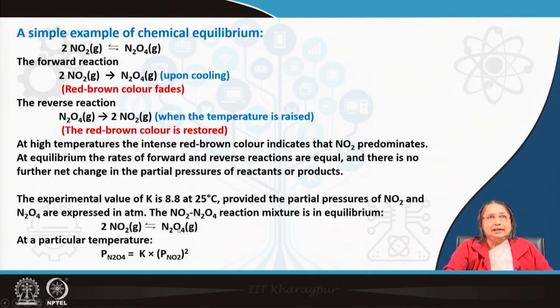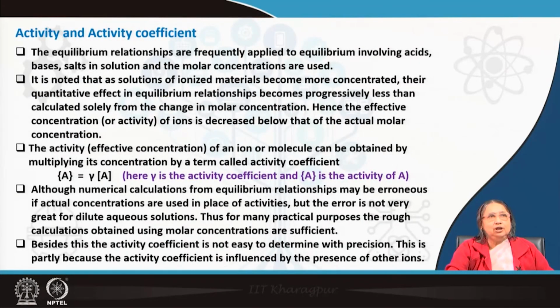This expression you always write in case of either gaseous equilibrium or aqueous equilibrium. So, the concept is the same, but you have to use different types of concentrations. If it is a gas, then you have to use the partial pressure. If it is in ion form in aqueous solution, then moles per liter.